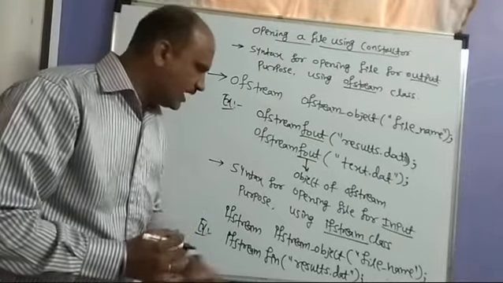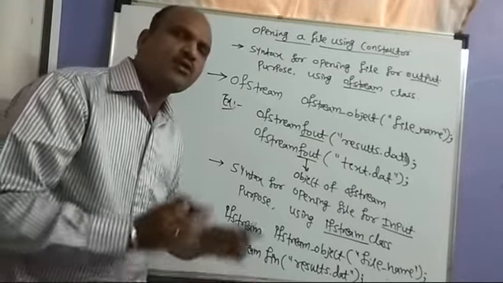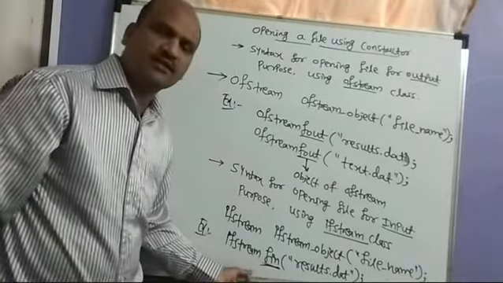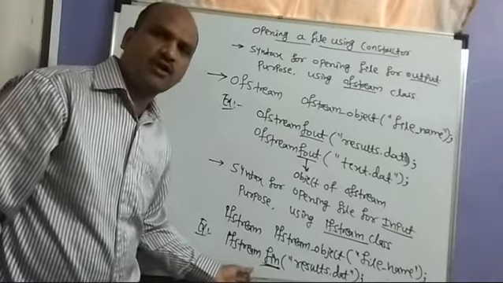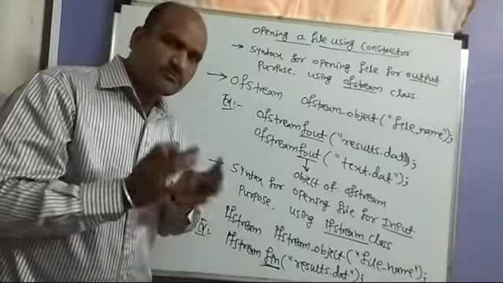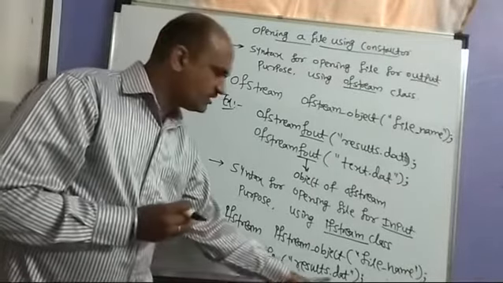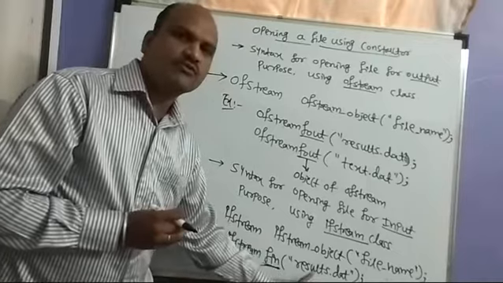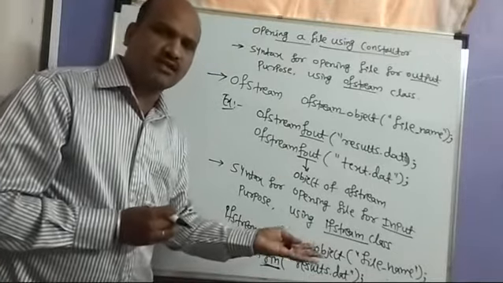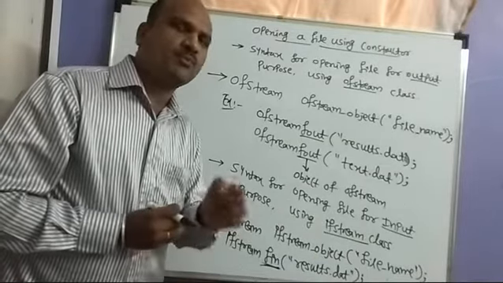Here fin is declared to be an object of ifstream type, and it represents the file results.dat. If you are writing another file, it should be text.dat, and it is opened for input purpose only.